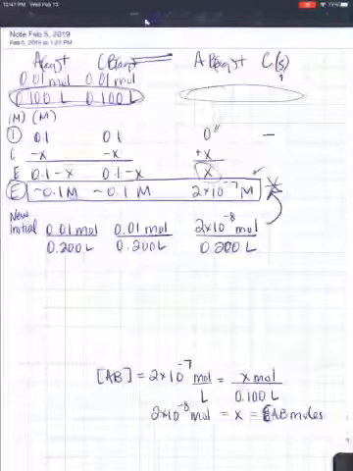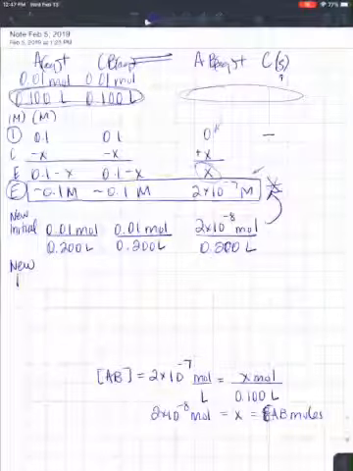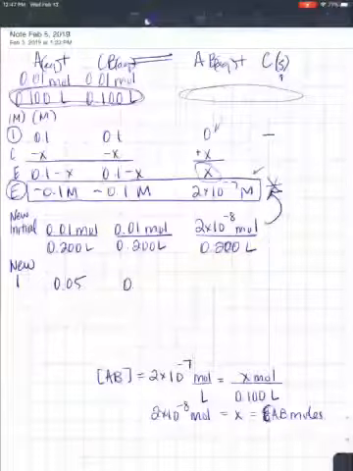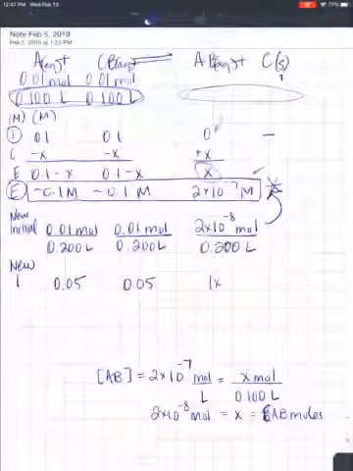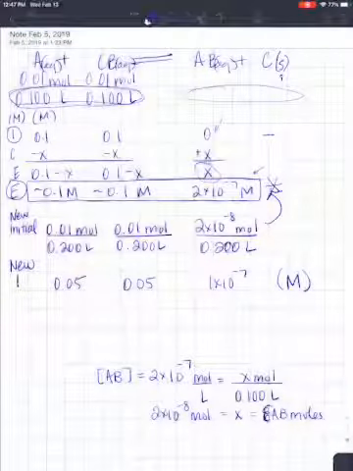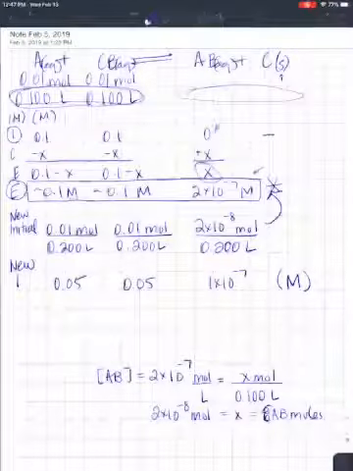So now I can get my new molarities, which would be my new initial. Okay, all of those are in molarities. Take 0.01, divide it by 0.2, you get 0.05.